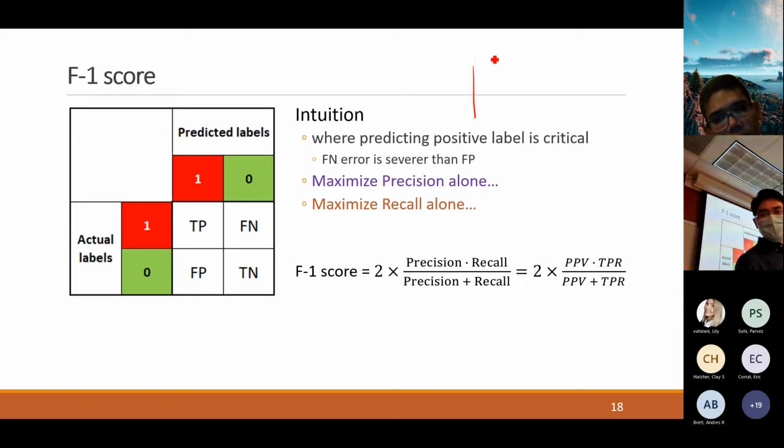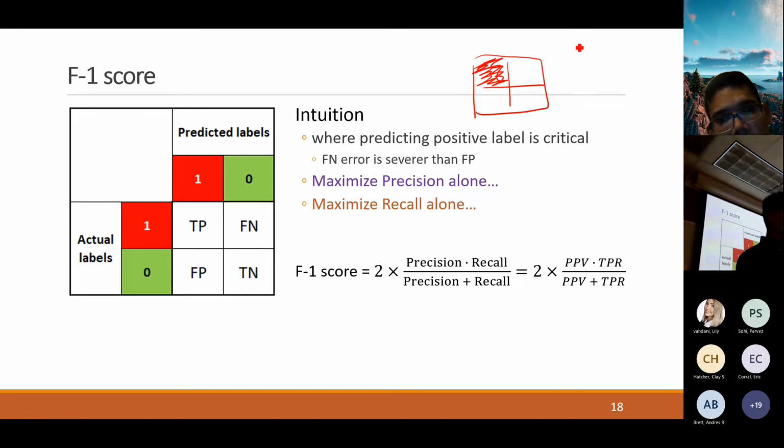So in terms of recall, the center of focus is this one. Maybe it makes it easier to remember. It focuses on true positives.